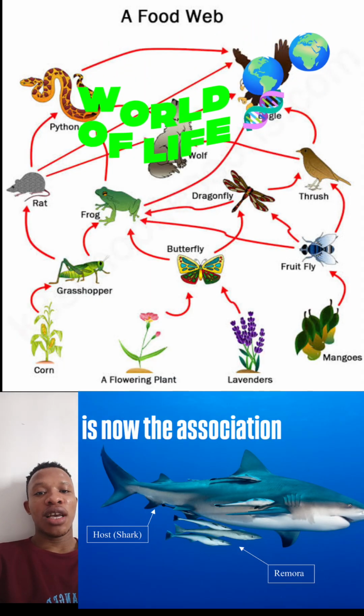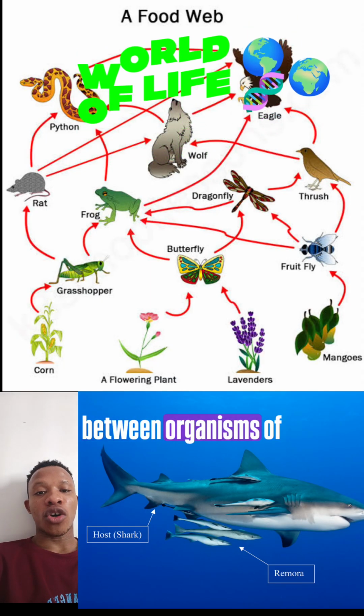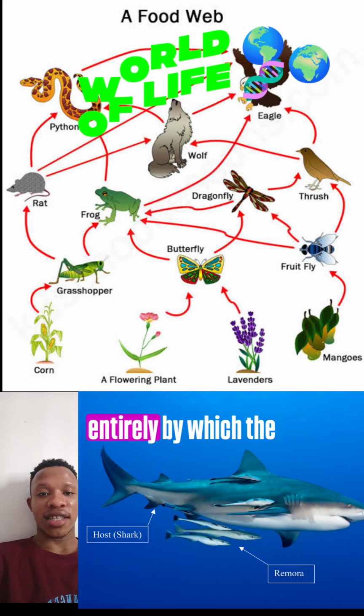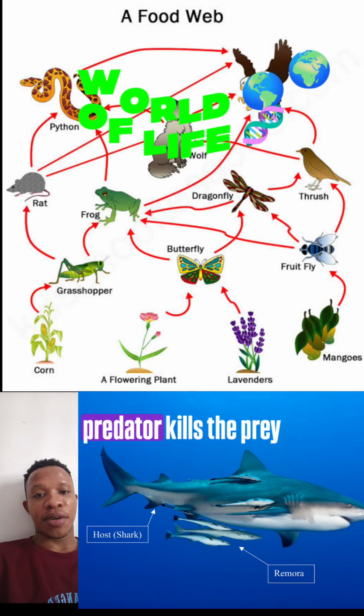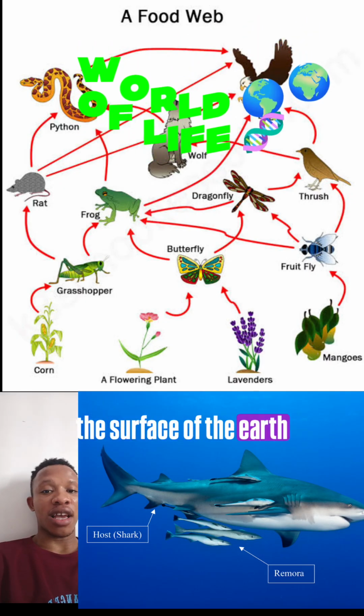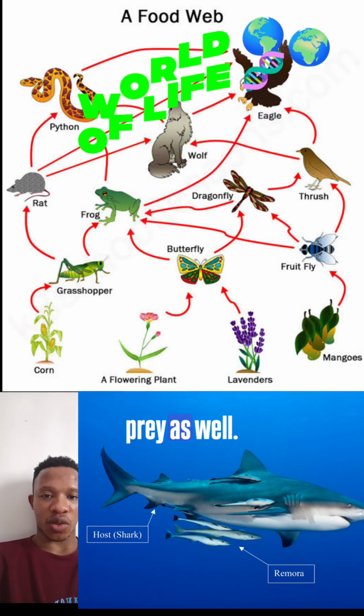Then when we are talking about predation, it is the association between organisms of similar species or different species entirely, by which the predator kills the prey and eliminates it from the surface of the earth and also feeds on the prey as well.